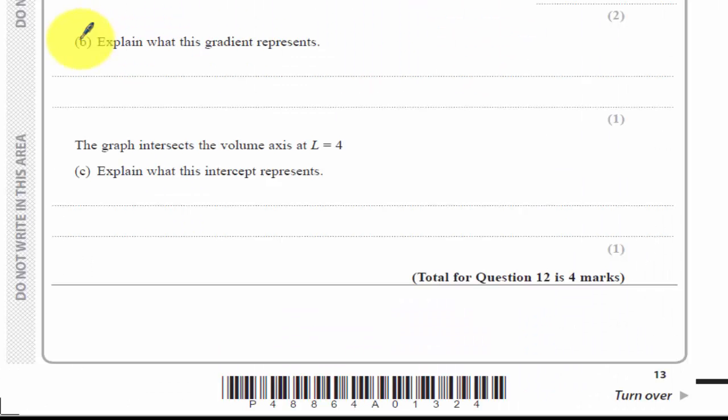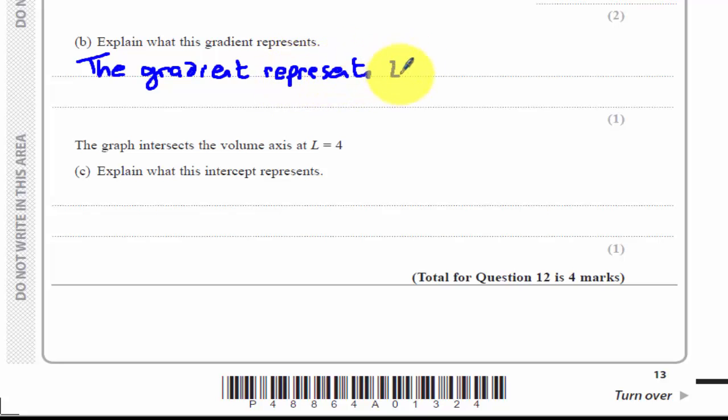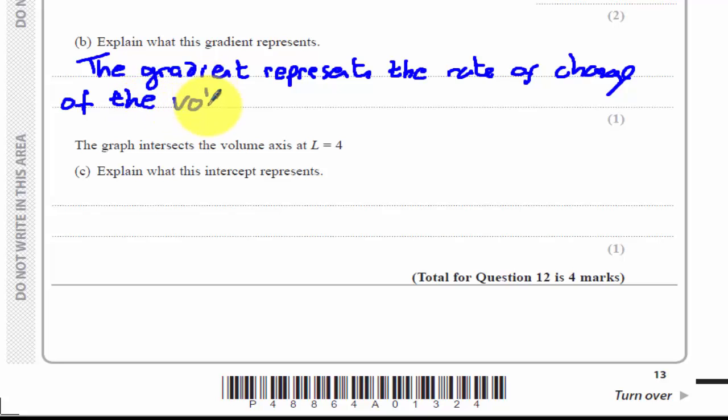On to part B. Part B, explain what this gradient represents. The gradient represents the rate of change of the amount of liquid, of the volume of liquid over time.